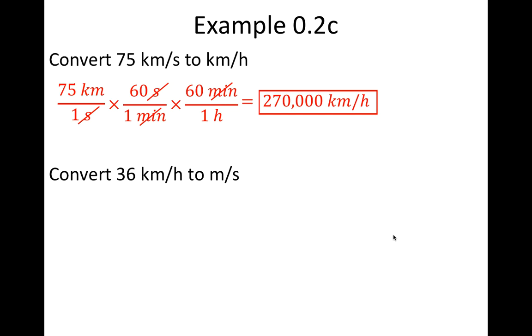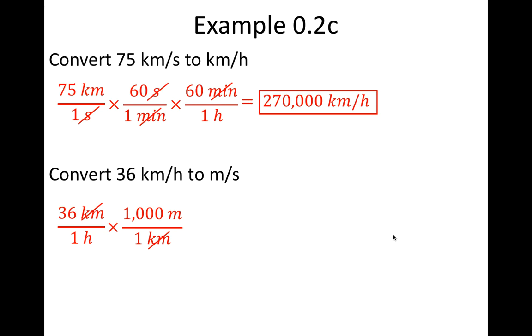Here's our last example where we have to convert a derived unit where we have to change both the numerator and the denominator. It doesn't matter which one you change first. Here, I'm going to start by changing the numerator. I'm going to multiply by 1,000 meters over 1 kilometer, and this will eliminate kilometers from the numerator.